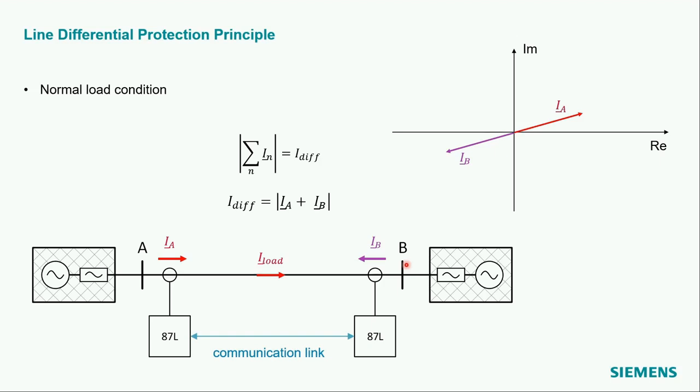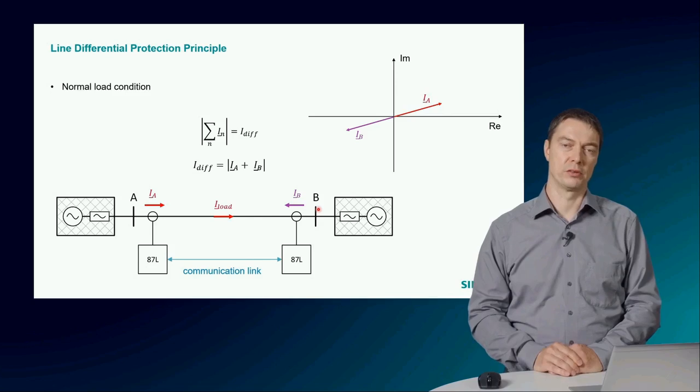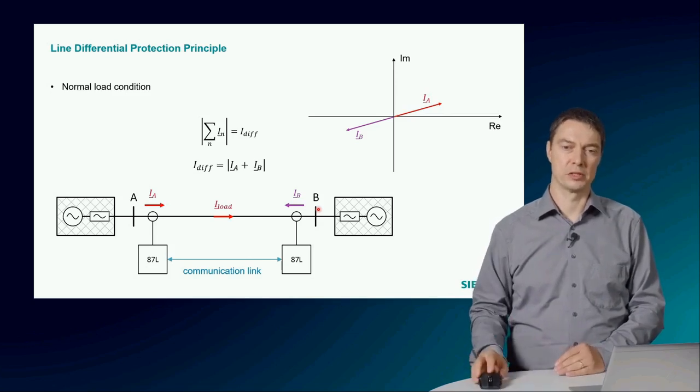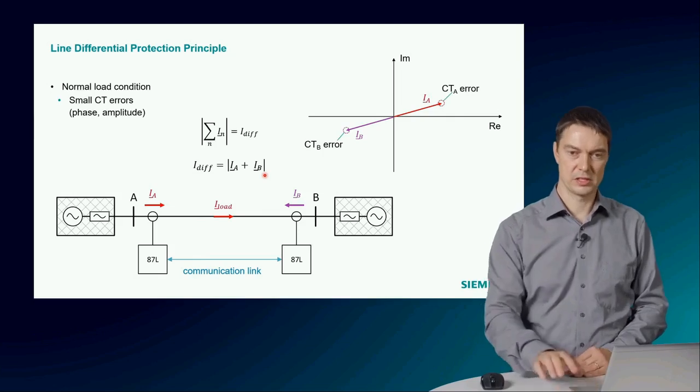Most relays in the market will calculate the differential current as the sum of the current phasors from n terminals. For our two-ended application, the differential current is therefore IA plus IB, and then the absolute value. This is the ideal condition.